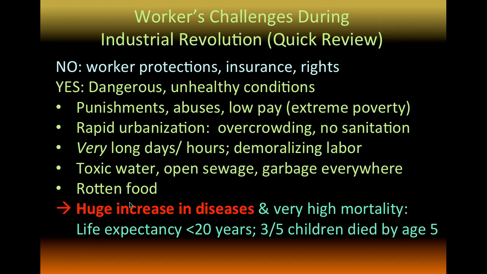In 1865 in New York, for example, decayed and diseased food were often sold to the working classes, which of course left them in a weakened state, because if you're eating diseased and rotten food, you're not going to feel very good.